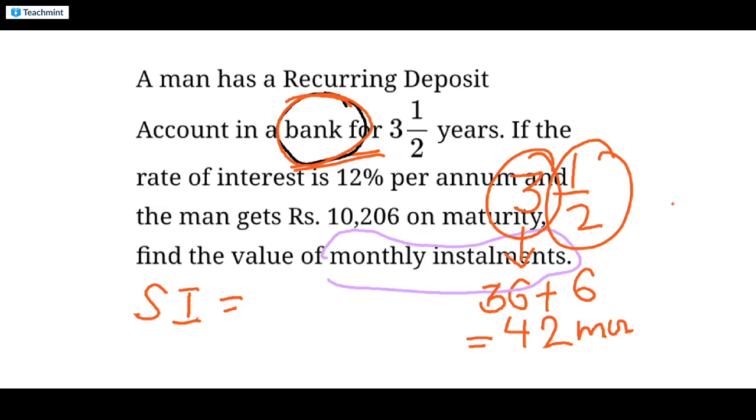Ma'am, I'm getting SI as 9.03x. Okay, yes, that is right. It will be 9.03x, correct? Now you can proceed with finding the P value. Just the same method we have applied in the previous question.